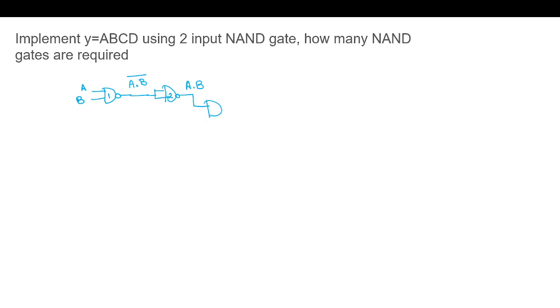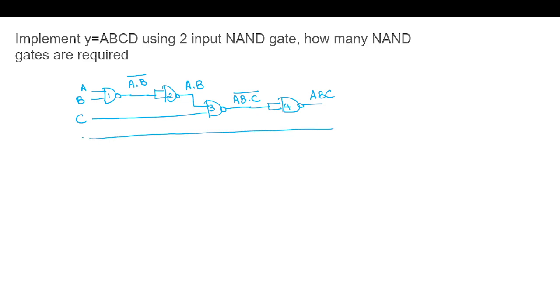Now we have to apply C to this. So we will have A, B, C whole complement. And again, if we apply this one, it will act as a NOT operation. So the next, third.